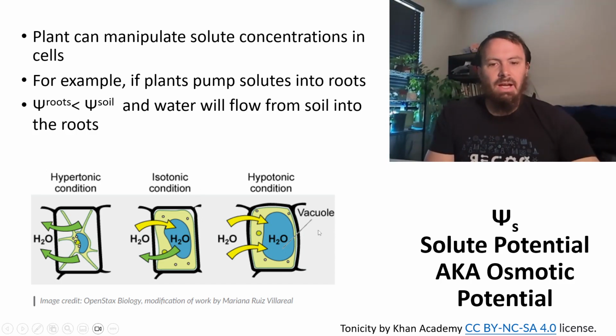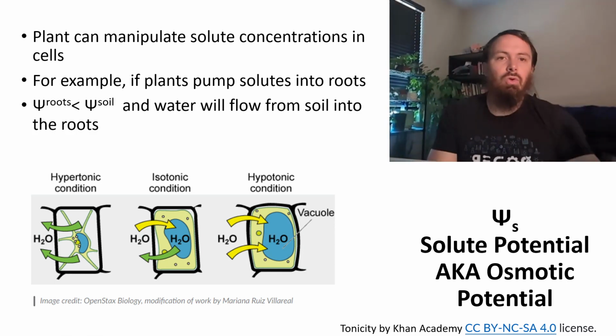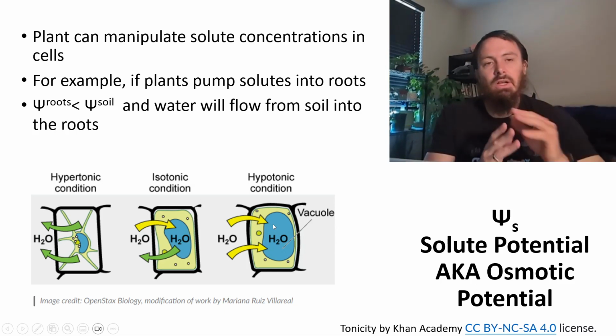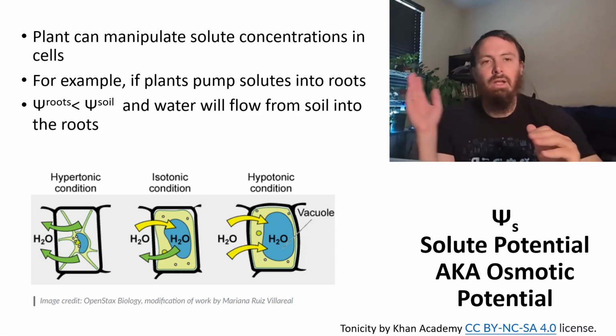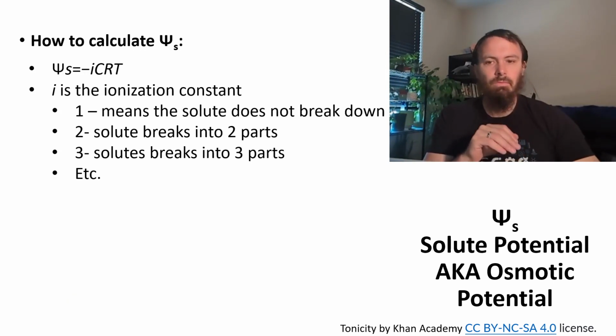So it's kind of like creating a hypotonic condition. You're pumping a bunch of solutes into the cell, which makes the cell hypotonic relative to the soil, and water moves into the cell. So plants can pump in solutes to modify their solute potential and draw in or stop drawing in water.